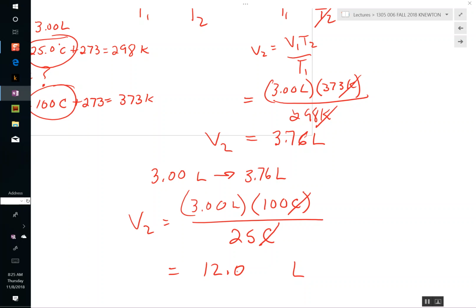I like this problem because this problem just nails it. You've got to change it to Kelvin. You won't get the right answers in centigrade. And why is that? Kelvin is the absolute temperature scale. It is the temperature scale that is directly proportional to the energy that the gas molecules contain.